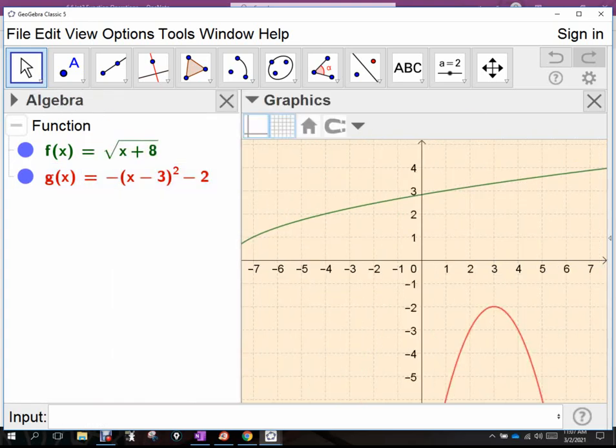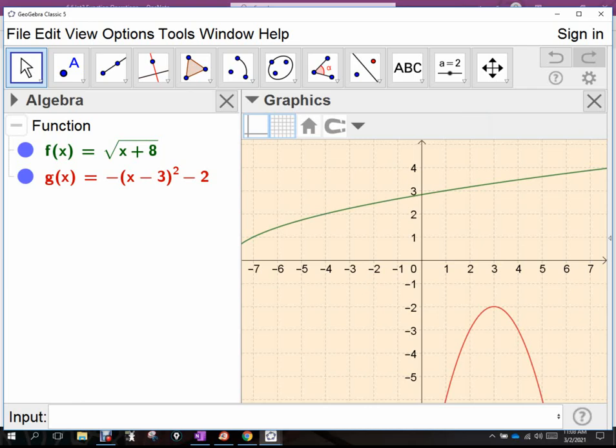And I asked you to go ahead and find what f plus g looked like for an easy x value here. Let's say an x value of 8. Well, 8's not real good either. Let's go with x value 1.